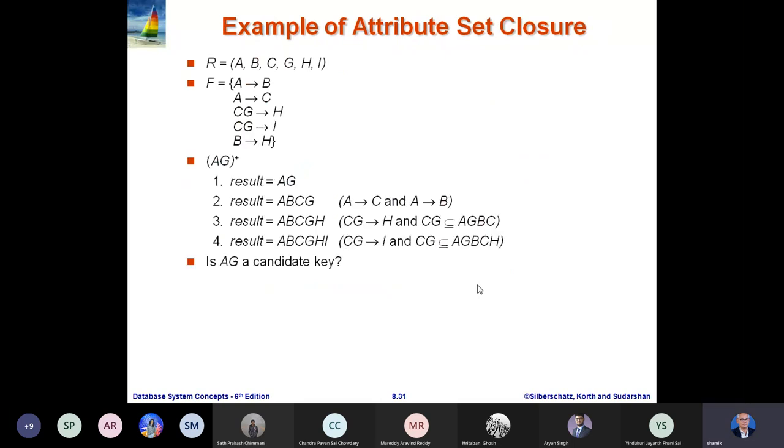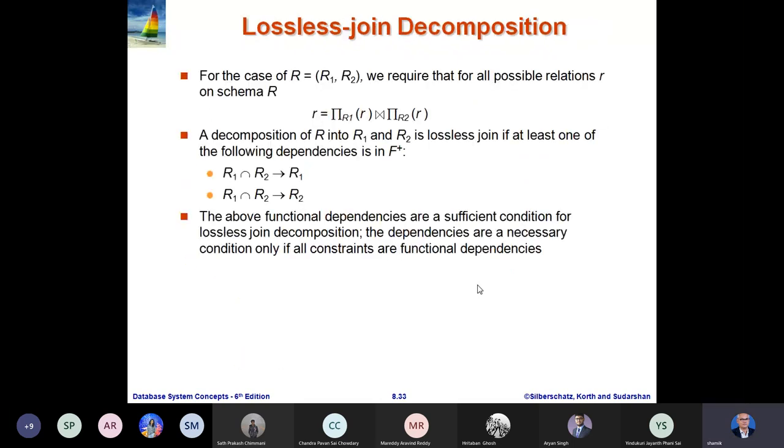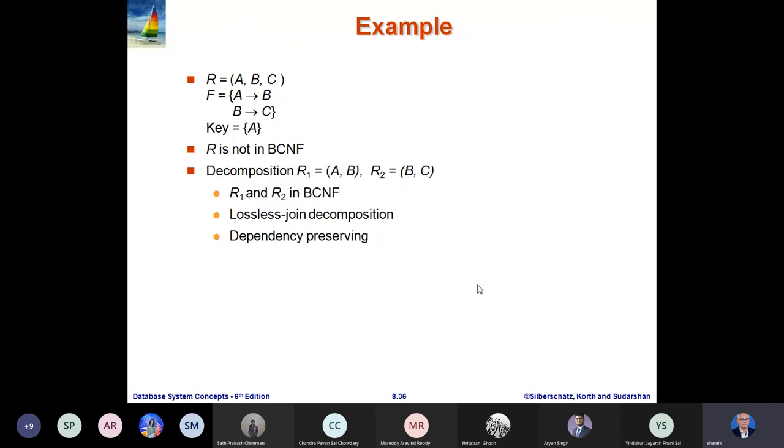Okay. So here B to C is having the problem. That means alpha union beta is BC, and R minus beta minus alpha means ABC minus C minus B. That means ABC minus C, that means AB. So you get R1 equal to AB and R2 equal to BC.